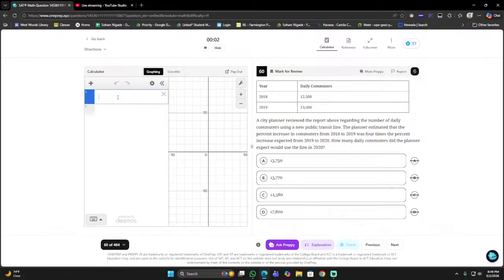Okay. It's talking about percent increase. Let's just calculate the percent increase here. So percent increase equals new minus old, over old, times 100.